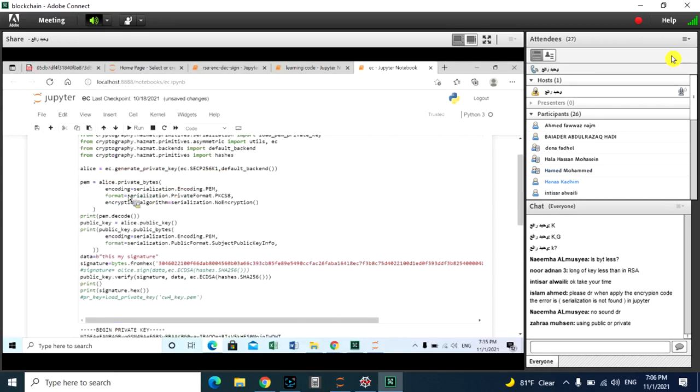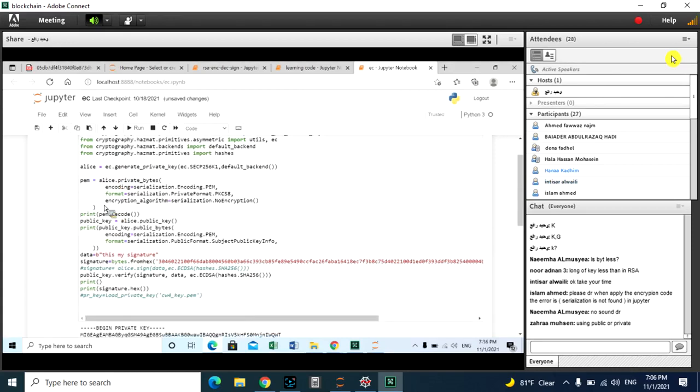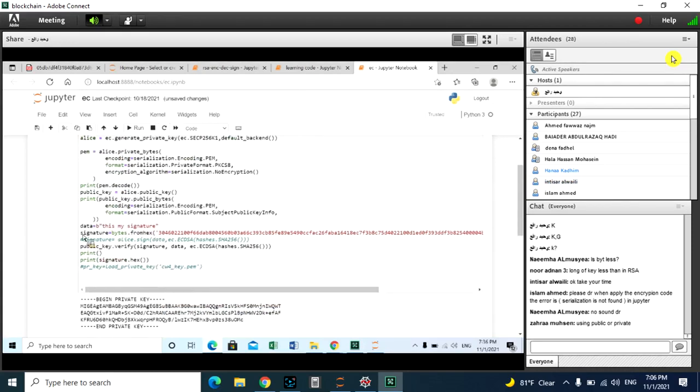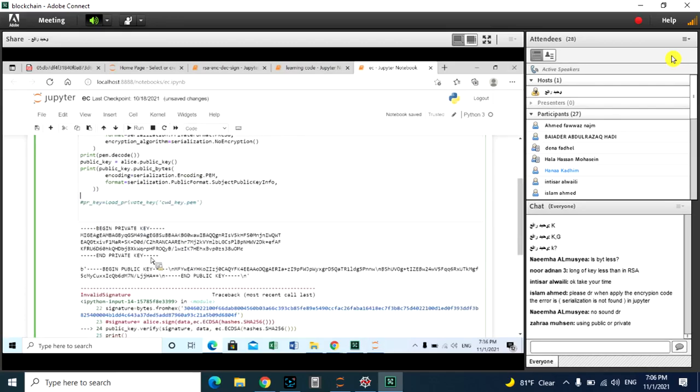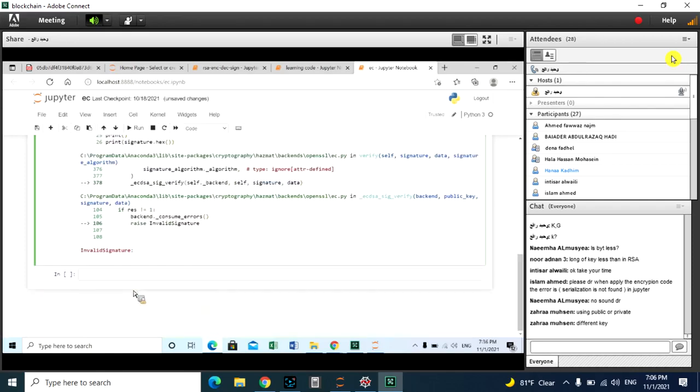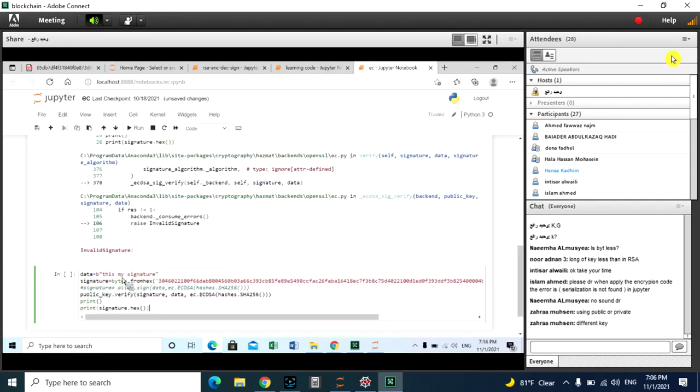The reason is that each time the public and private key are changed. So let's fix the problem by cutting this part and moving it to another part. Now I think everything must be okay.